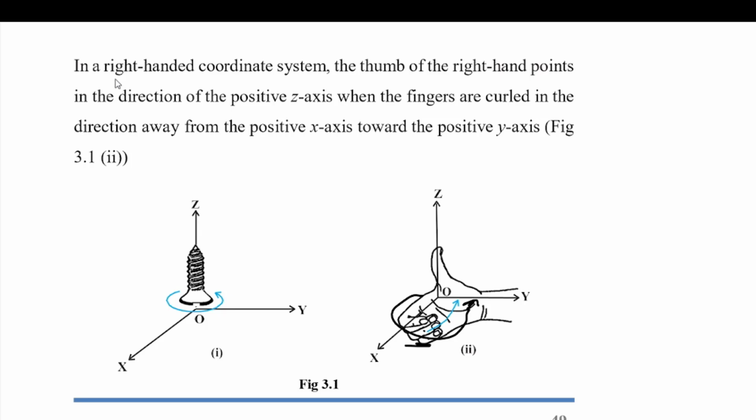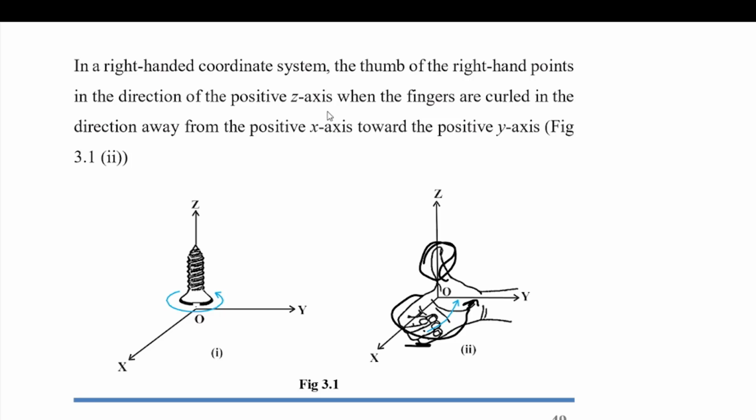We are saying that in a right-handed coordinate system, the thumb of the right hand points in the direction of the positive z-axis, and that is what we are talking about here.